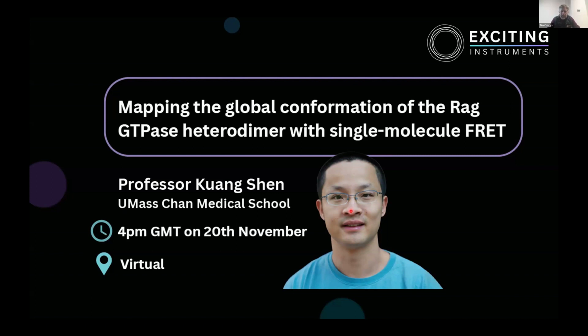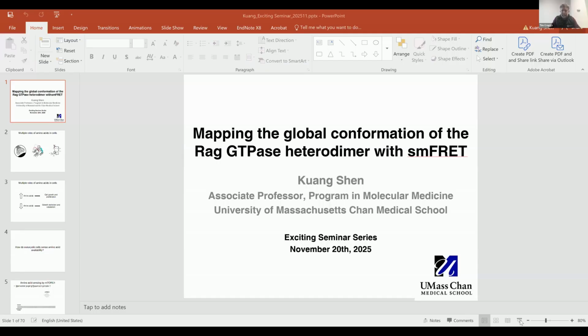And Quang is an absolute expert in single molecule things prior to this, but I think that this was his first foray into solution-based measurements, and so it's great to have Quang with us, and I will happily hand over to him now and let him share his screen to take us through the great work that he's been doing on these amino acid sensing system, the GTPases heterodimer.